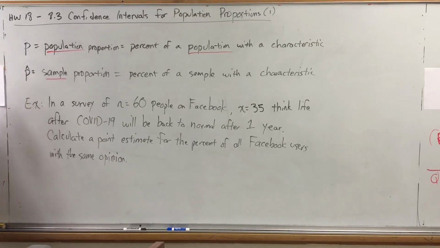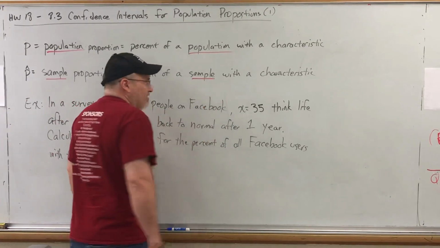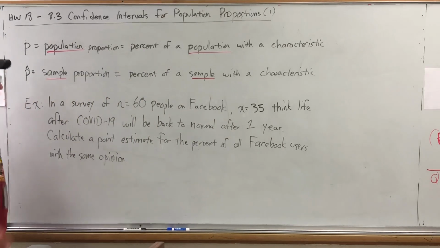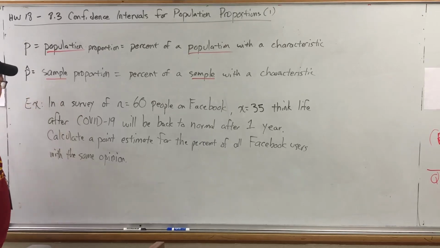It's a p with a little pointy hat on top of it. But the sample proportion is just the percent of a sample with a characteristic. So in an effort to estimate the percent of a population with a characteristic, we start by calculating the percent of a sample with the characteristic, and that will be called the point estimate.